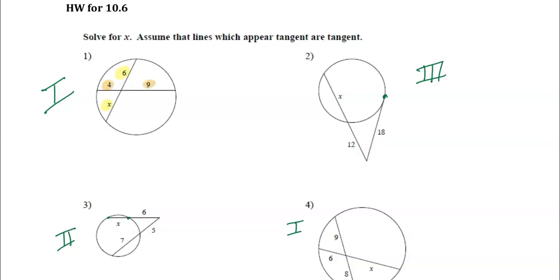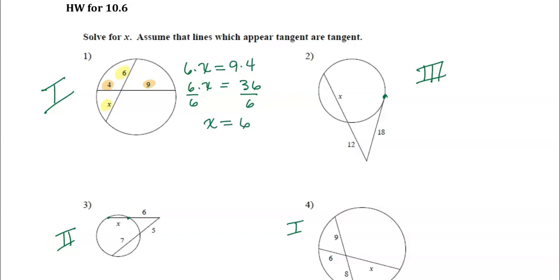Okay, so that's what the theorem says. So in that light, 6 times x has to be 9 times 4. Okay, 9 times 4 is 36. So 6 times x equals 36. Divide both sides by 6, and for that to be true, x has to be equal to 6.